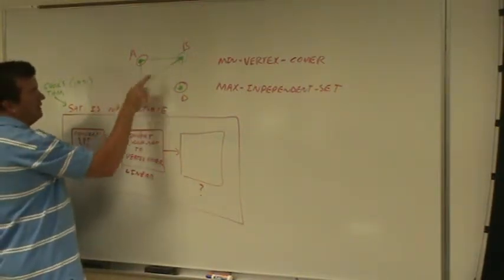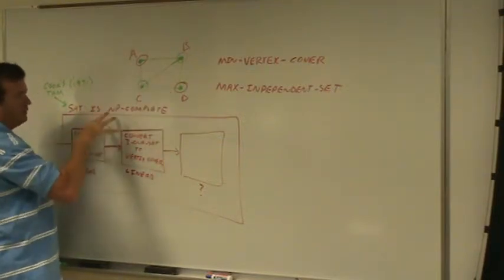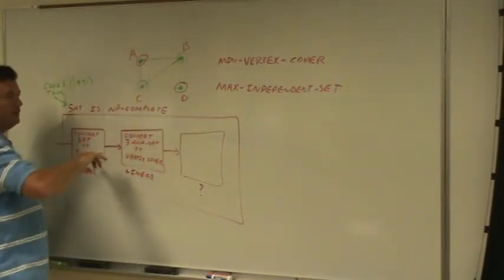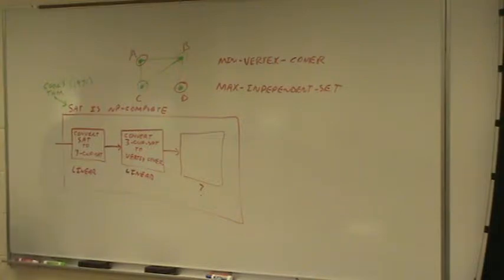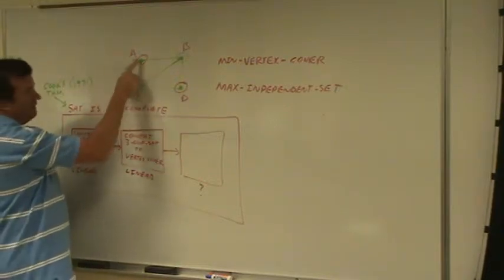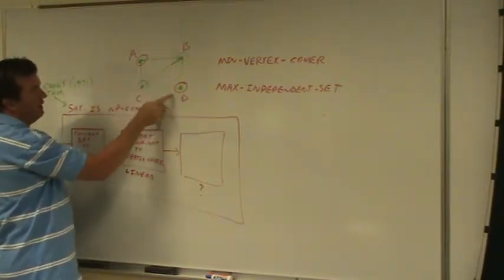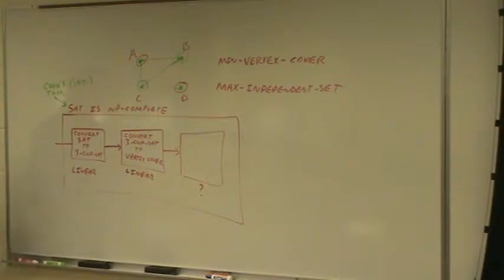For two points to be independent of each other in one graph, if we computed its complement, everywhere there's an edge, remove the edge, and everywhere there's not an edge, add an edge. They would be connected. So any two points that are independent would become connected, and any two points that were connected would then become independent.